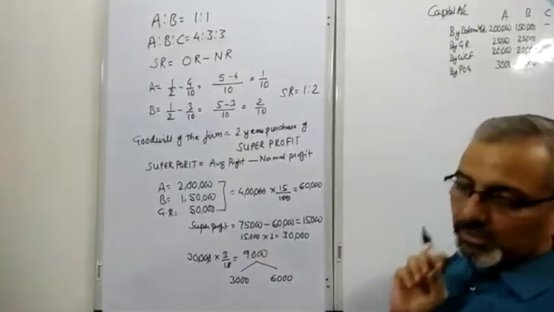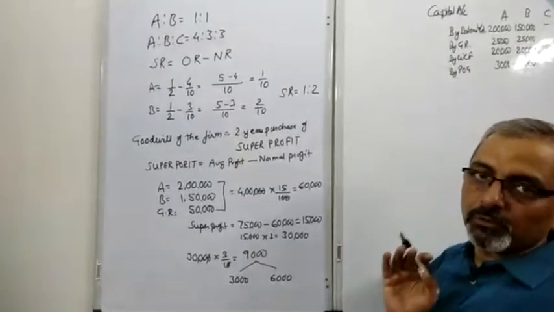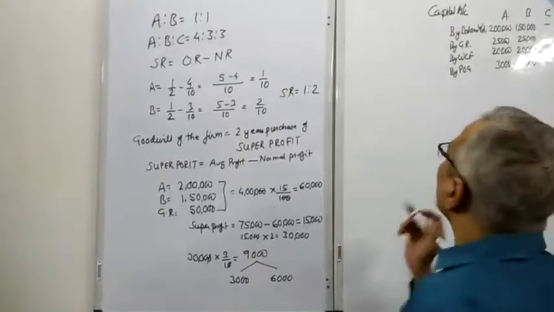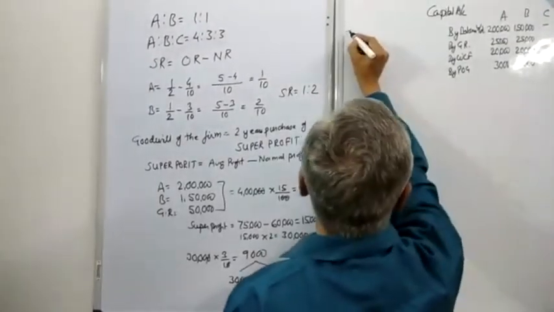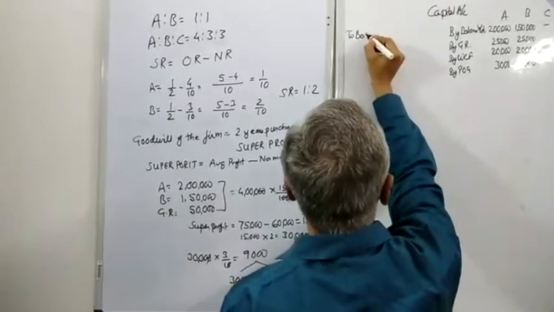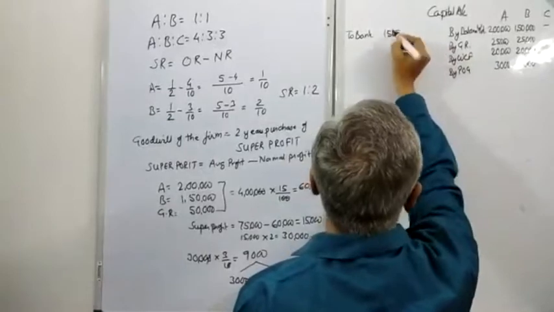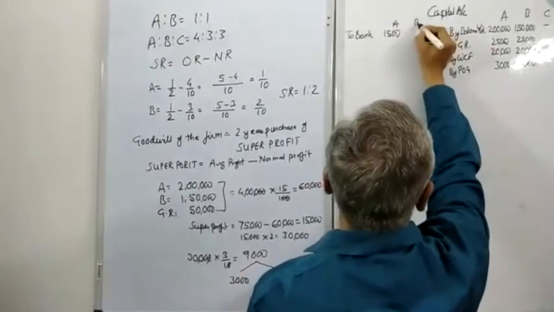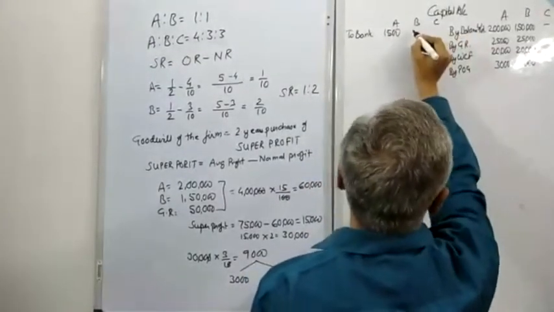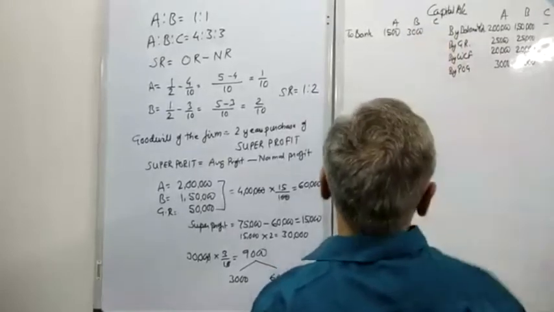We have also been informed that half of the goodwill has been withdrawn. So if half of the goodwill has been withdrawn, we go to the debit side, write to bank and write 1,500 in A. There are three partners as you know, and over here 3,000 for B.